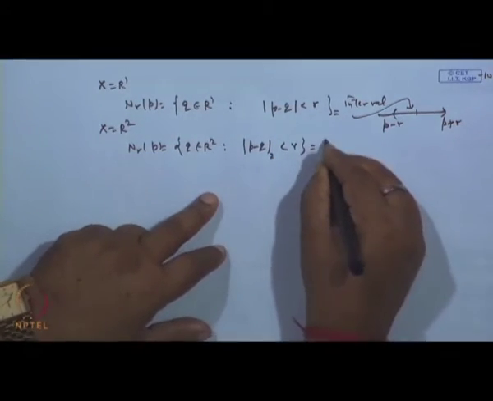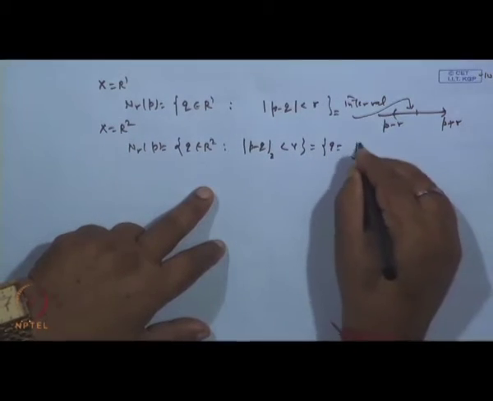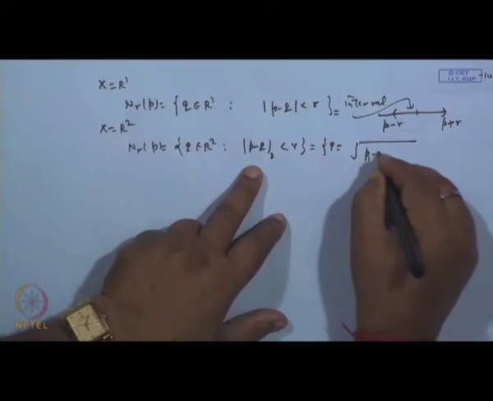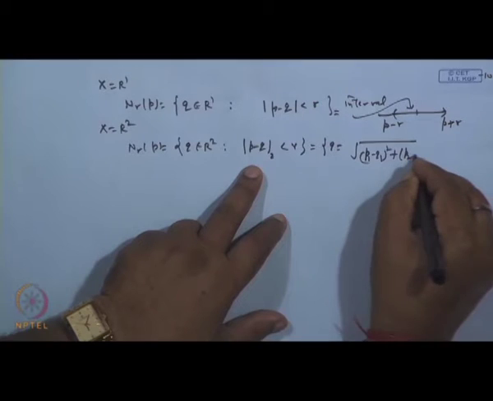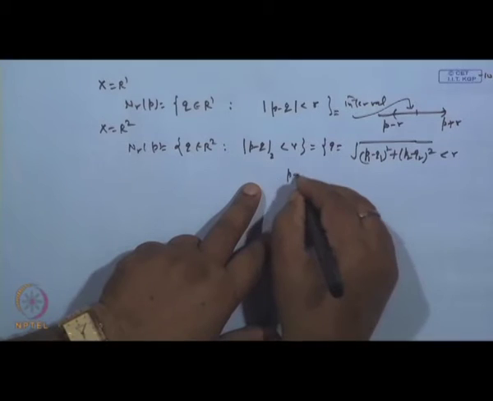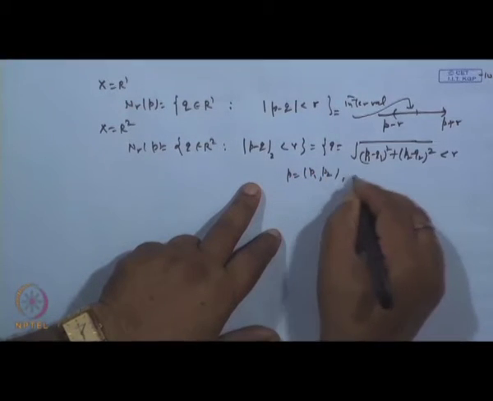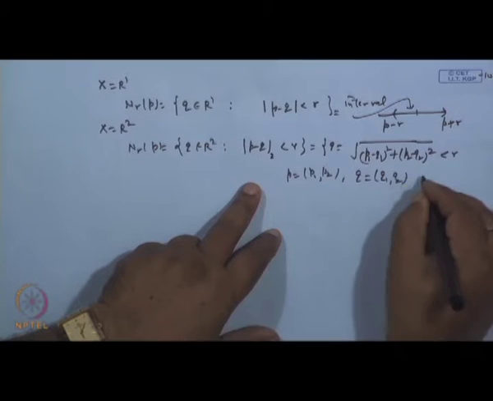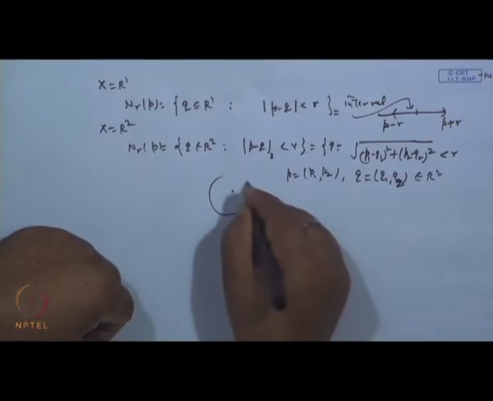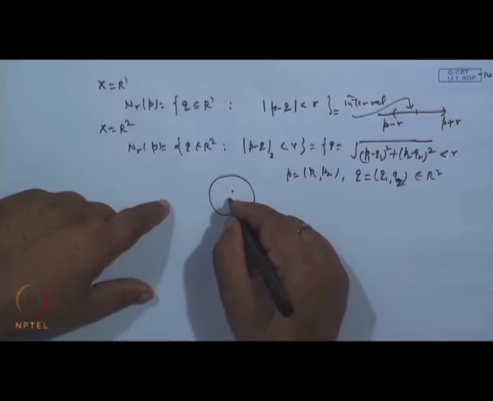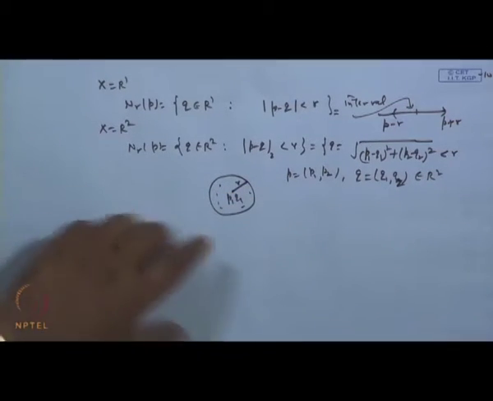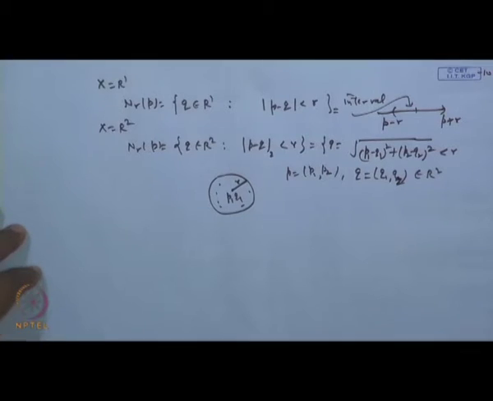That is, it is the set of all Q such that the square root of P1 minus Q1 whole square plus P2 minus Q2 whole square is less than r, where P is (P1, P2), Q is (Q1, Q2), both belonging to R2. So, it is a ball centered at P with a radius r. So, all such points will be here. So, this is the neighborhood of this. Similarly, we can go further.